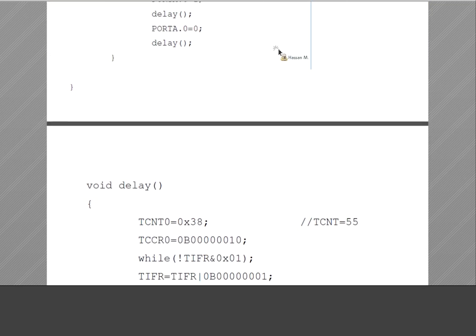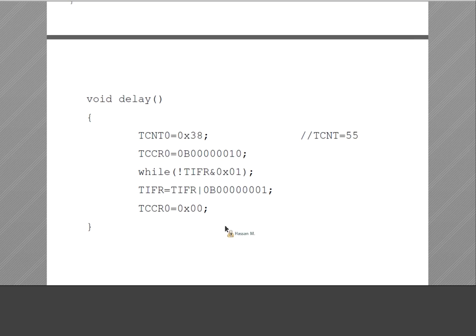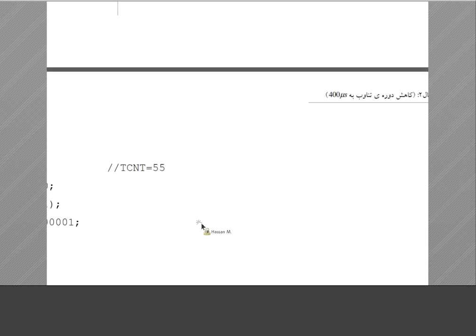Here we have a delay of only 200 microseconds. That's right. That means a clock is generated over pin 0 of port A in a duration of 400 microseconds.